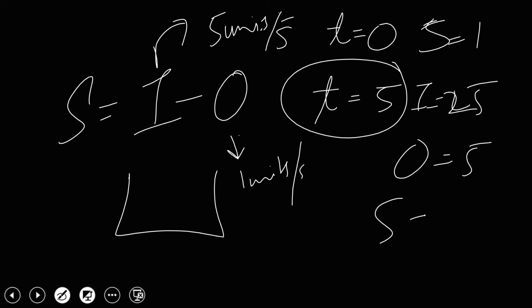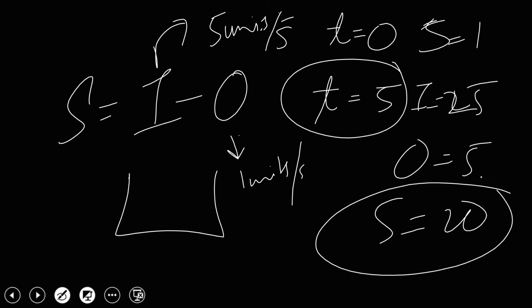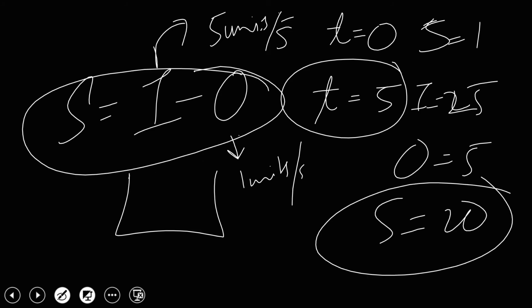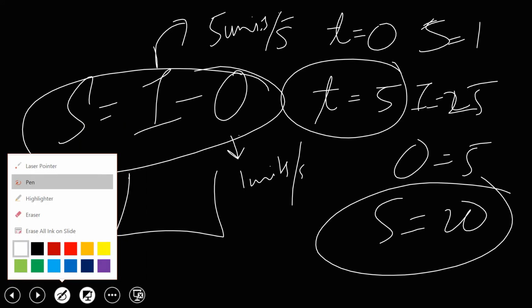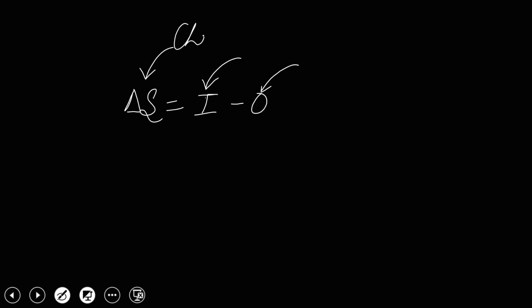Therefore, storage would be 20 because of this. S is equal to I minus O. Therefore, we could properly write this as delta S is equal to I minus O, which is inflow of water minus outflow of water, is equal to the change in storage.